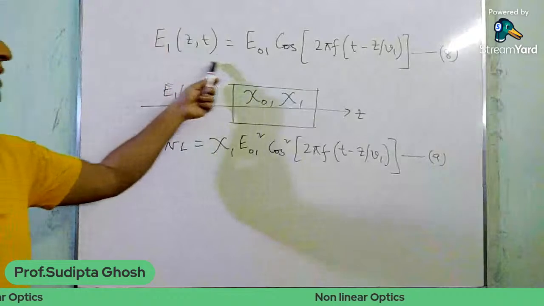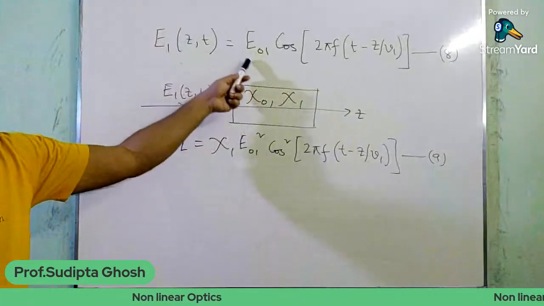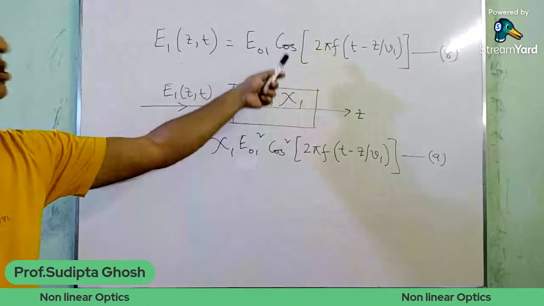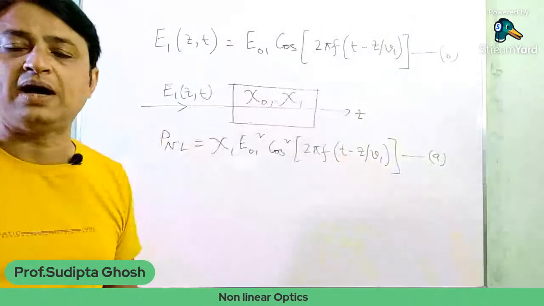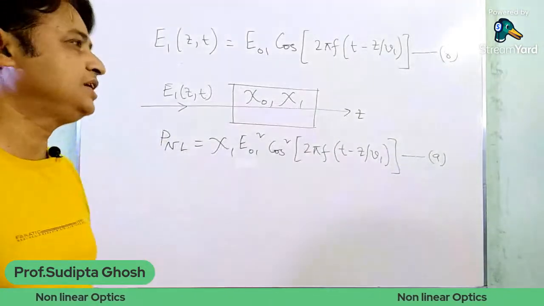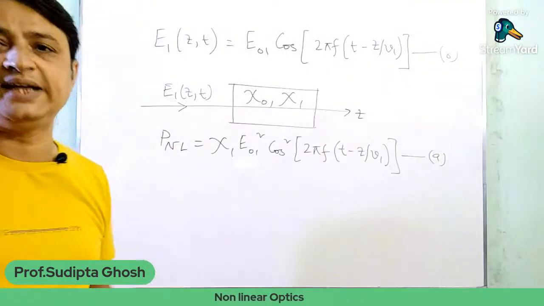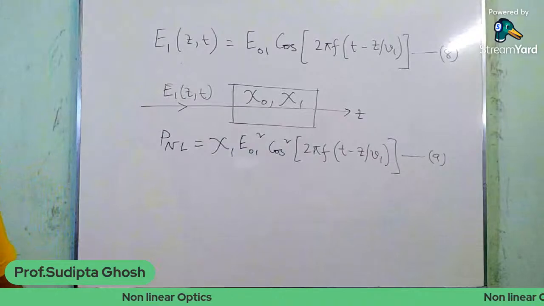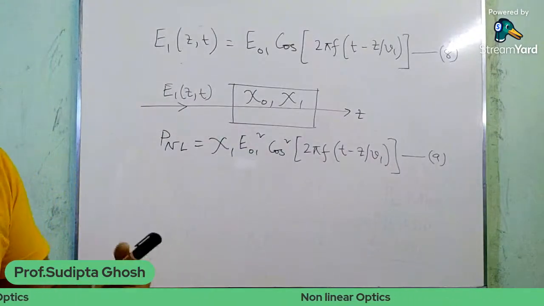Equation number 8 is written as E1(z,t) equals E01 cos 2 pi f into t minus z by v1. We have substituted equation number 8 in equation number 6, where PNL1 equals chi1 E square.